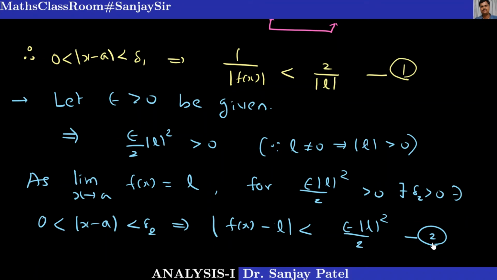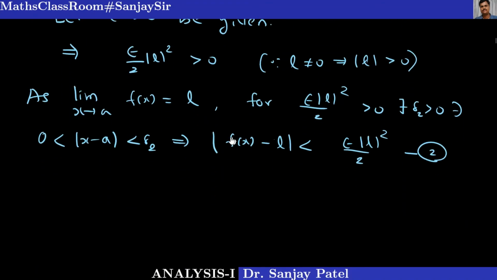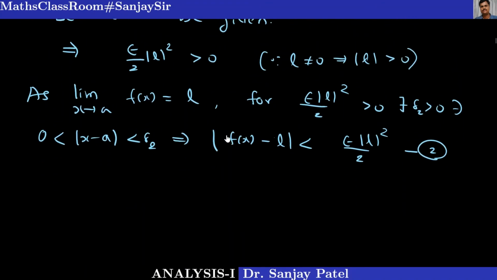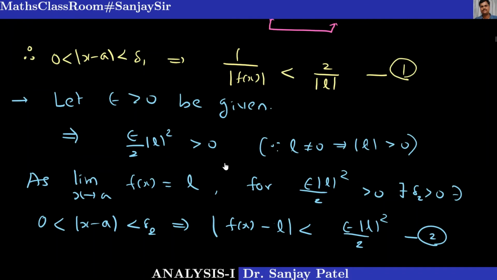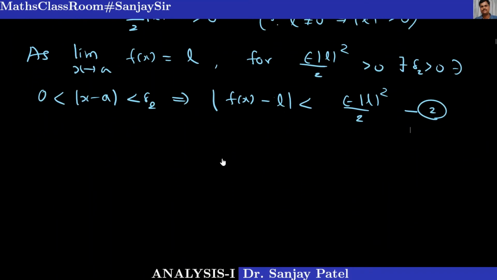Okay. So remember these two results, and I want result 1 and 2 both to hold simultaneously. So I will be taking the minimum of delta 1 and delta 2 as usual.